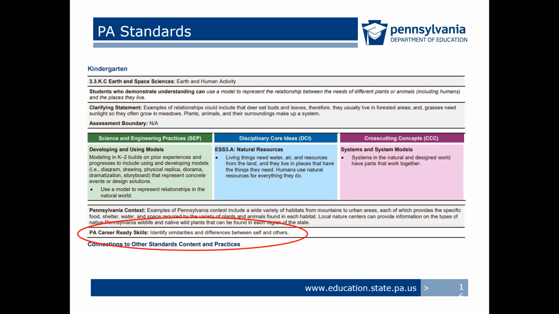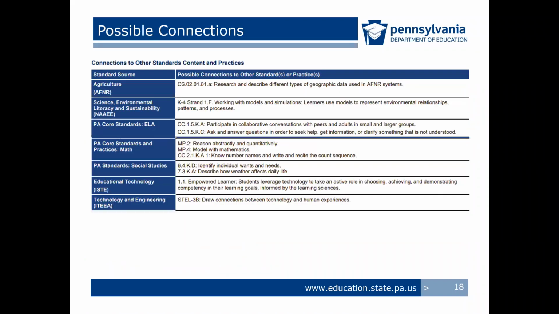Then one additional item are the PA career and ready skills. This identifies those that connect to it, so they're connections all along the way. Lastly, their connections to other standards and content practices. Here lists possible connections that can be made to ELA, to math, to social studies.